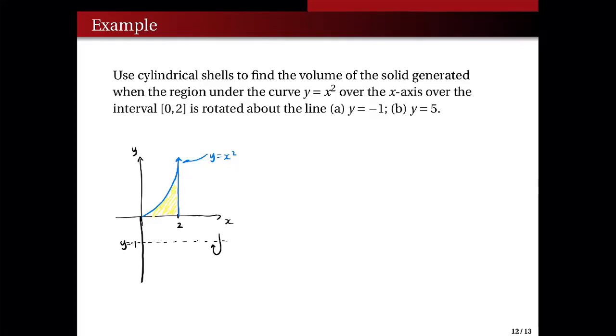We use cylindrical shells. The axis is horizontal, so strips must also be horizontal. After revolution, we will have this strip here. The strip is horizontal, motion is vertical.